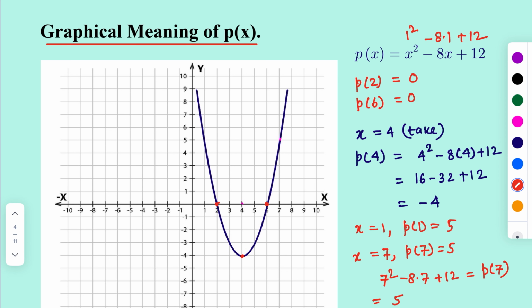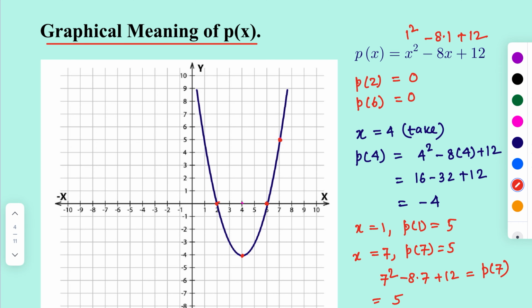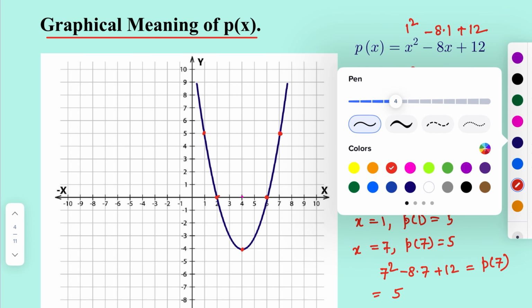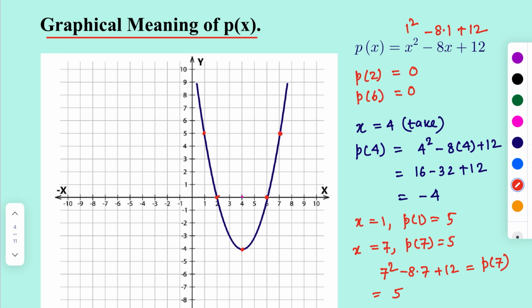You will see it will be equal to 5: 49 plus 12, 61 minus 56, that is equal to 5. So the point here, at 7 it is equal to 5, similar to 1, it is equal to 5. Actually, if you see, it is a symmetrical graph around this line.